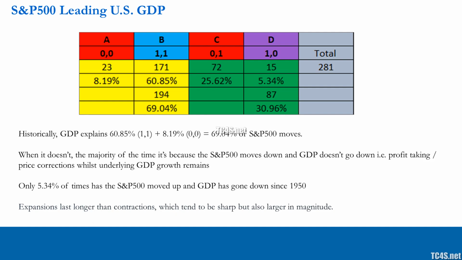69.04%. If we look at the 0-1 situation, this is by far the biggest outcome when they move in opposite directions. When the S&P 500 goes down and GDP growth remains up. So the 69.04 plus the 25.62, that's a pretty significant number.